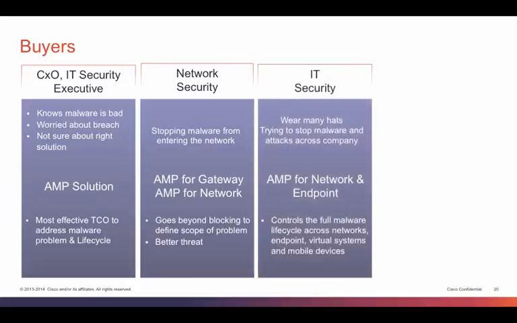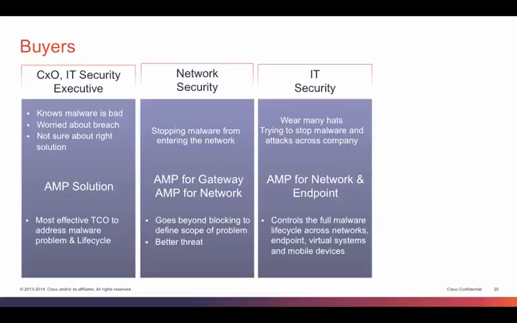Now, these are the guys that I talk to, the IT security folks. These folks are so busy that they don't have time to eat lunch, right? It's the guy running down the hall with the sandwich in one hand and the laptop in the other because he's wearing too many hats. He's responsible, or she is responsible, for stopping attacks, and they need that visibility into what's going on with their environment.